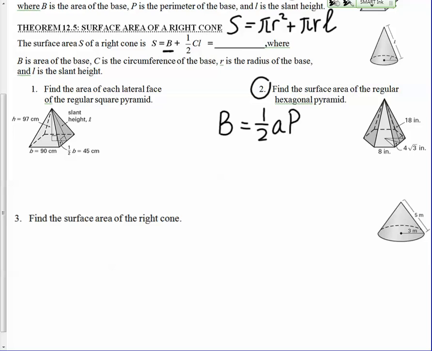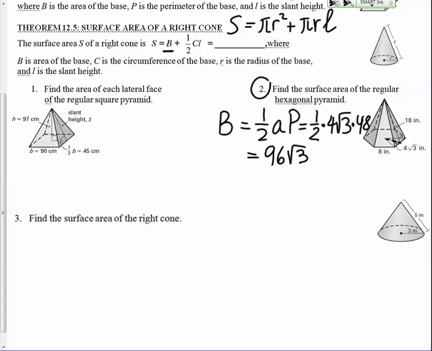So it's 1/2 times 4 square root of 3, it's this part, times my perimeter, which is going to be 8 times 6, 48, which will give me the area of the base, 96 square root of 3.